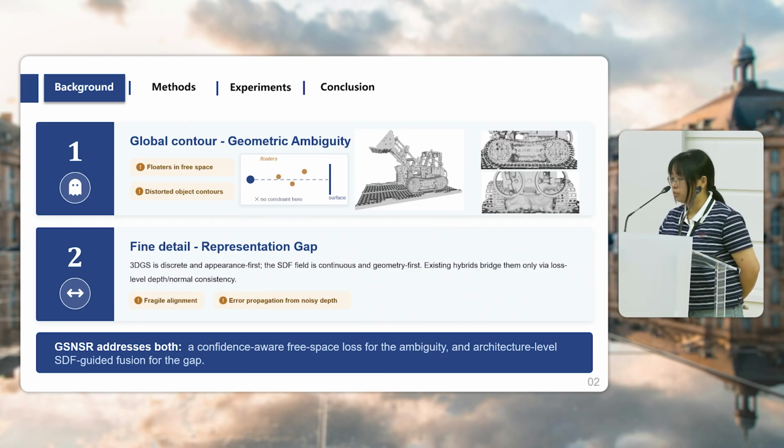First, how do we reconstruct the outer contour? The key issue is geometric ambiguity. Volume rendering places no constraint on empty space. It only checks whether the color accumulated along each ray is correct, not where the density sits. In difficult regions, the network takes a shortcut.